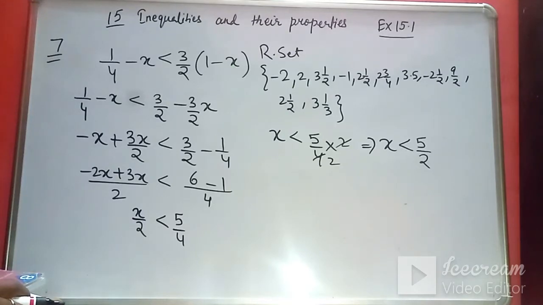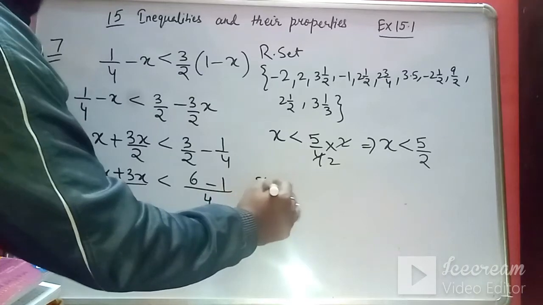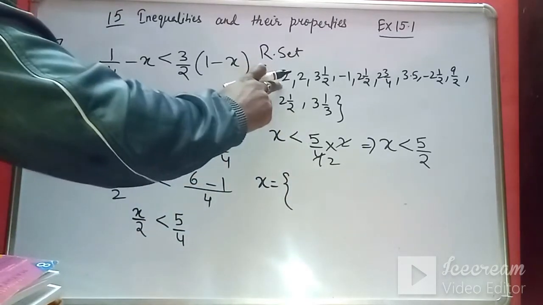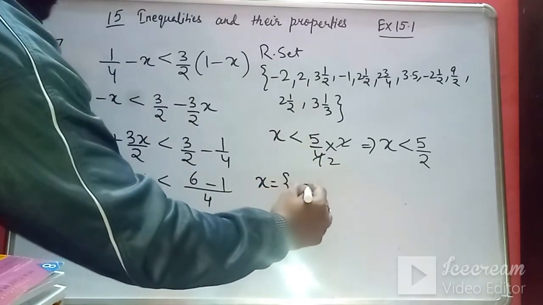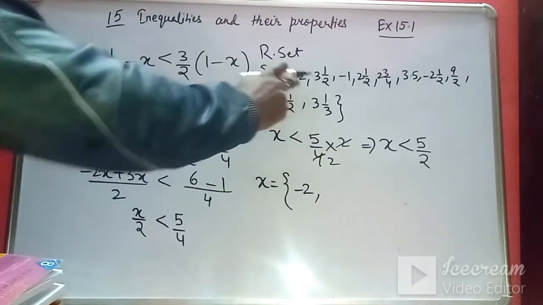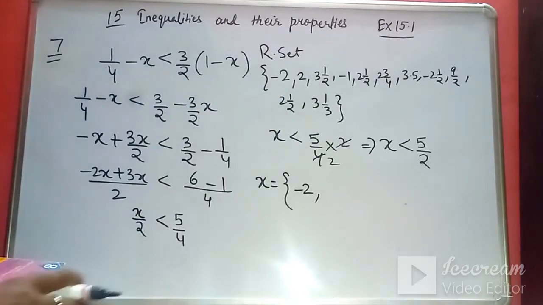Okay, now we have to choose all the values which are less than 5 by 2. So what will be our answer? See, we will check one by one. So minus 2 is less than 5 by 2. Then 2 is greater than 5 by 2. Then 3 and half it is.